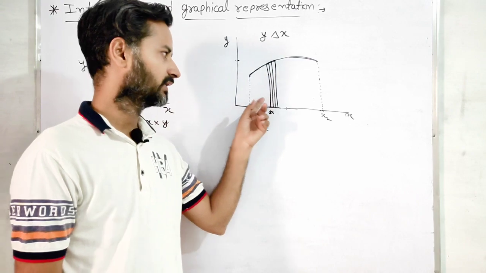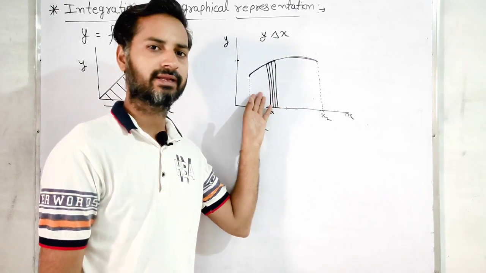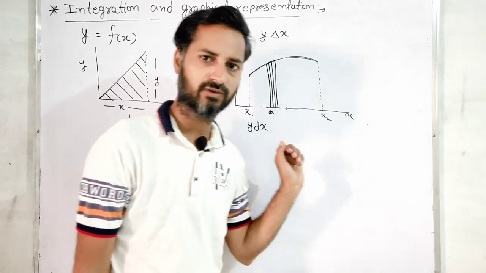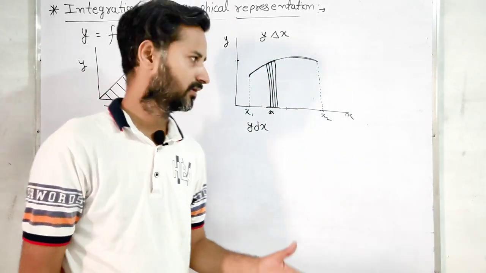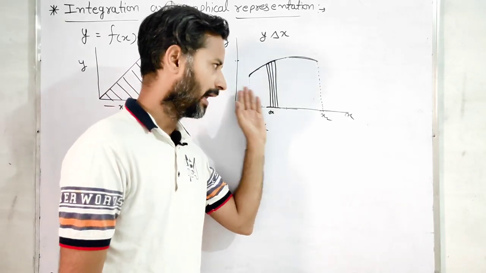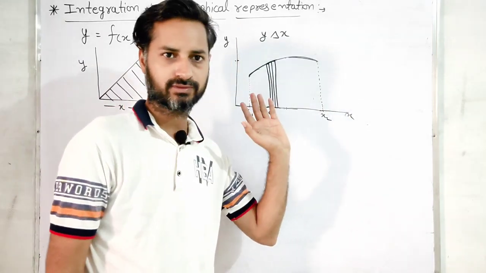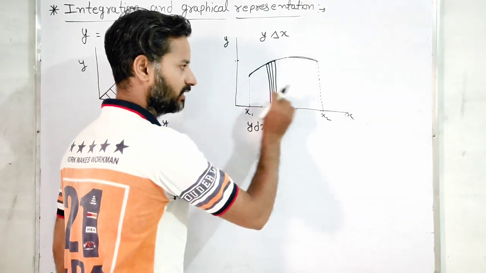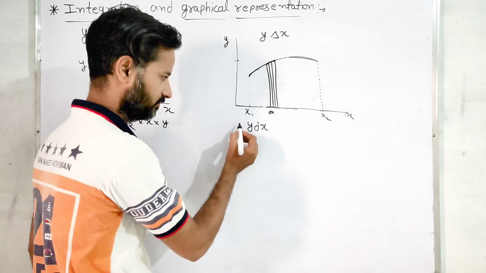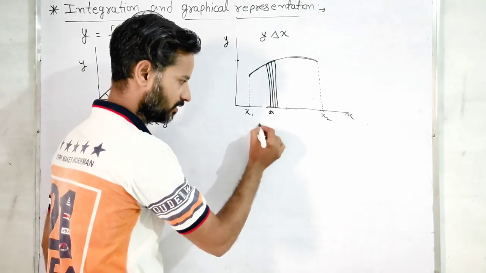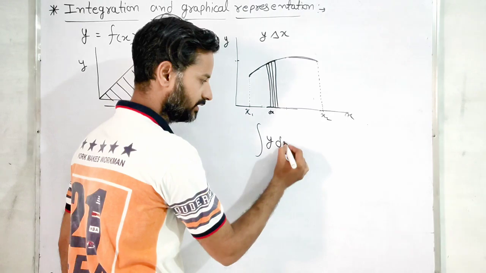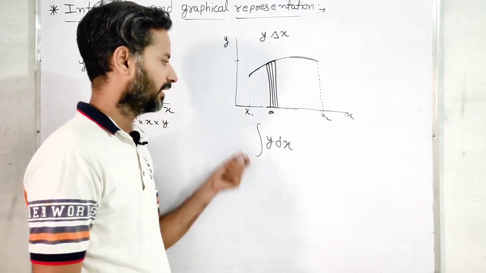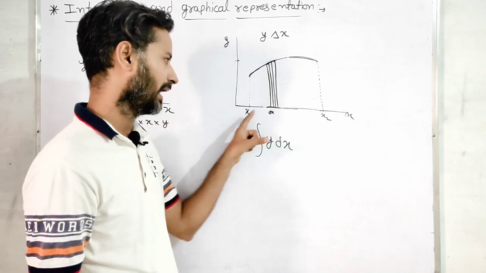So in this case, we get a lot of strips in this area, and by adding the areas of all strips, we will get our complete area. So we have to add the areas of all the strips. In this case, we will add this by integration, integral of y dx, where y dx is the area of one strip, and we are doing this between x1 and x2.